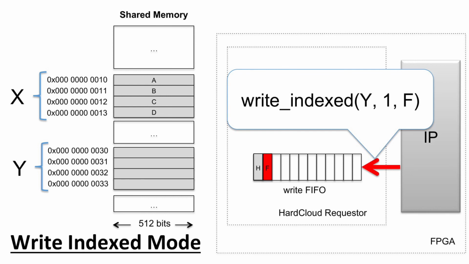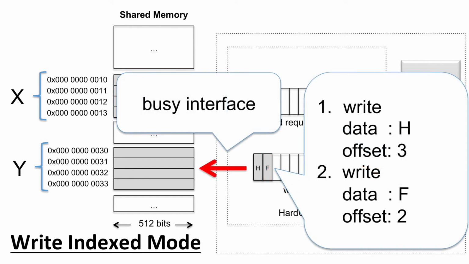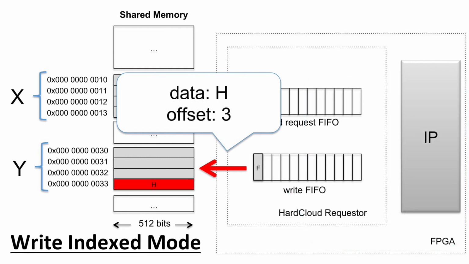Again, we have to wait until the next subblock status is not busy. Then write H to offset 3. After that, write F to offset 1.